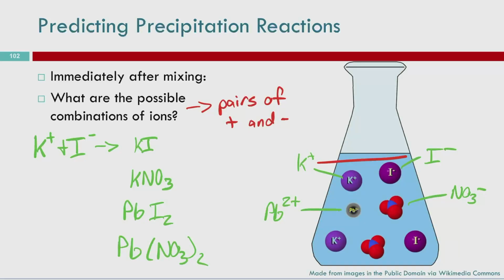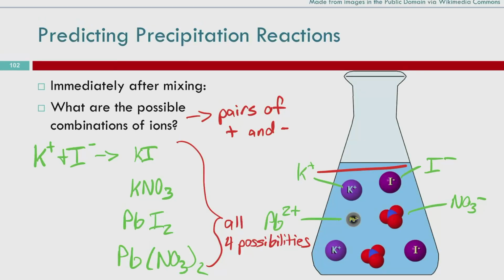Right, those are our 4 possible combinations. That's every single combination of ions that we can make. 2 of those don't make sense to think about in terms of precipitation. Let's see if that's on the next slide.